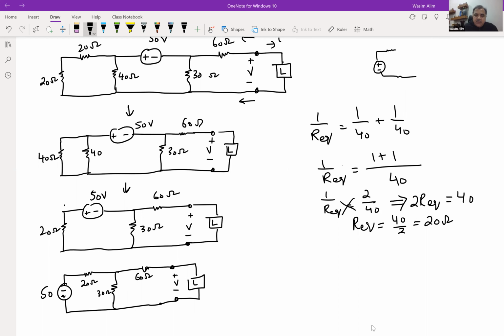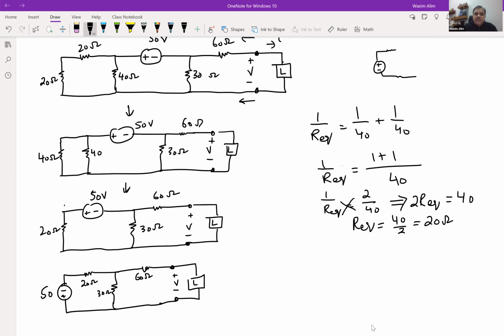And the thought process behind that is that the 20 ohm and 30 ohm resistors would become a parallel combination if I do that, right? So if I do that, it becomes a parallel combination, I combine them, and then what I will have is a current source in parallel to the resistor, and I can go back and convert this to the voltage source by doing source transformation one more time.